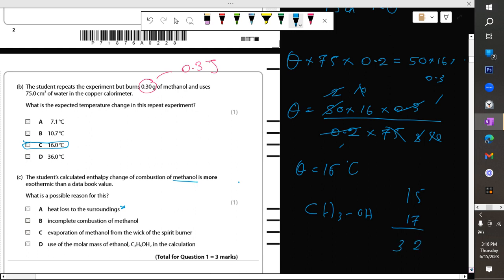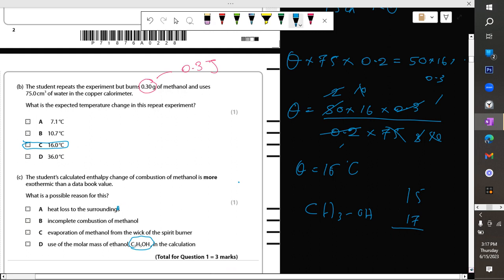But if it is ethyl alcohol, ethanol, 24 plus 5 plus 16 plus 1, that is 46. So the molecular mass is very different, and that would directly affect the values.